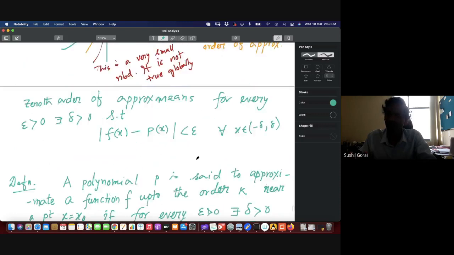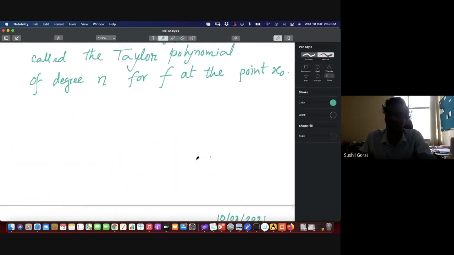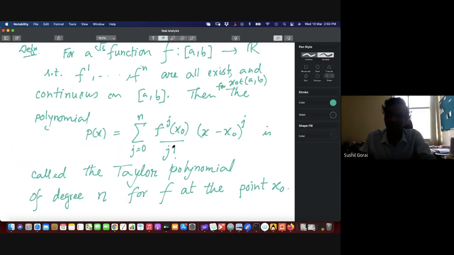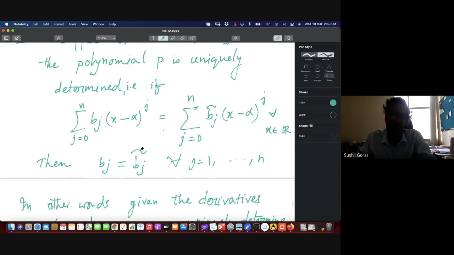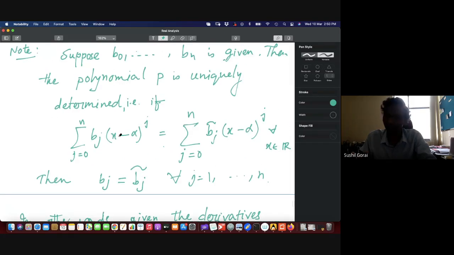So what was our conclusion last time? If you get a polynomial of this form of degree n, then it will be fixed.